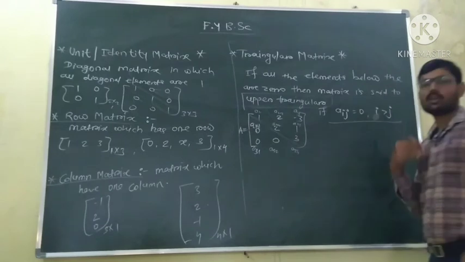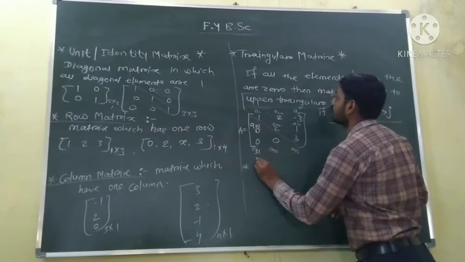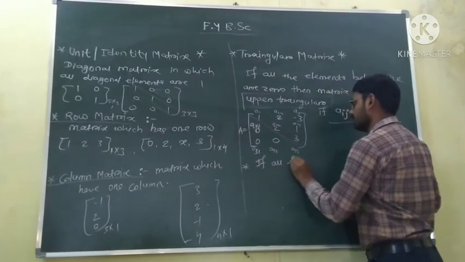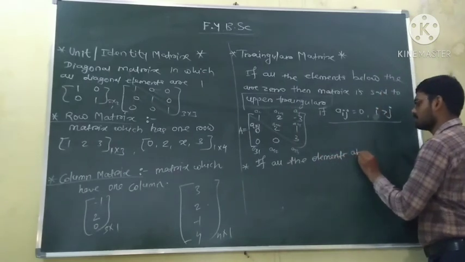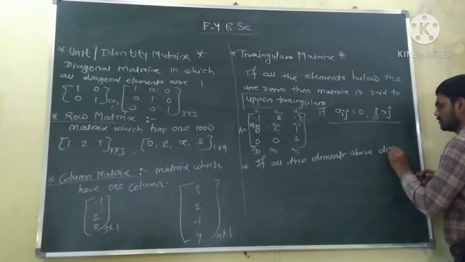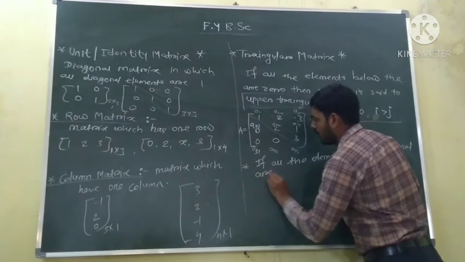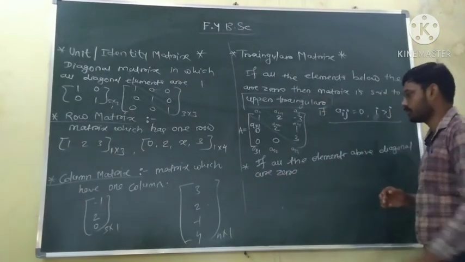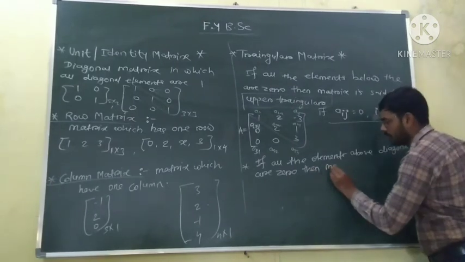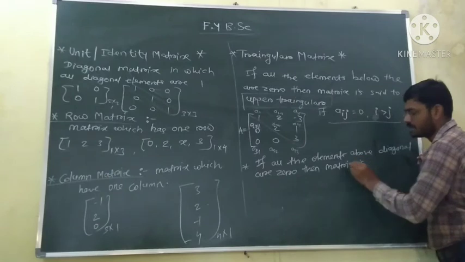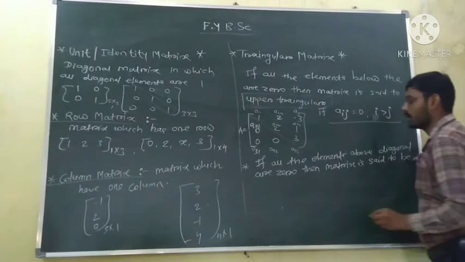Now we'll see the lower triangular. What is meant by lower triangular matrices? If all the elements above the diagonal are 0, then the matrix is said to be lower triangular.